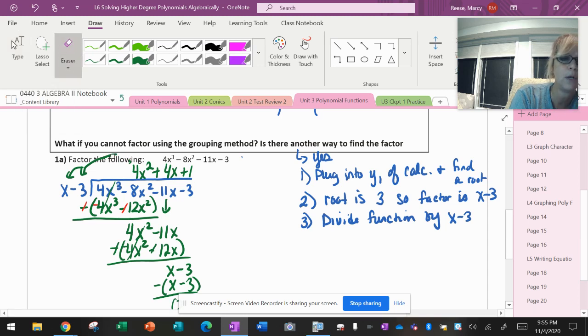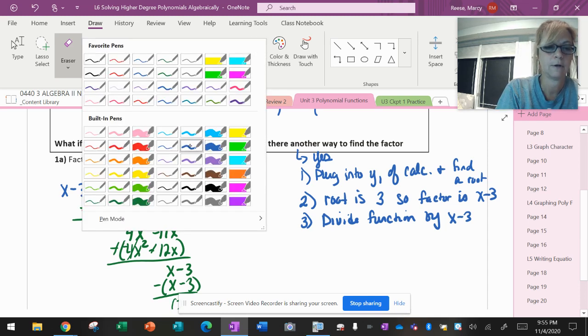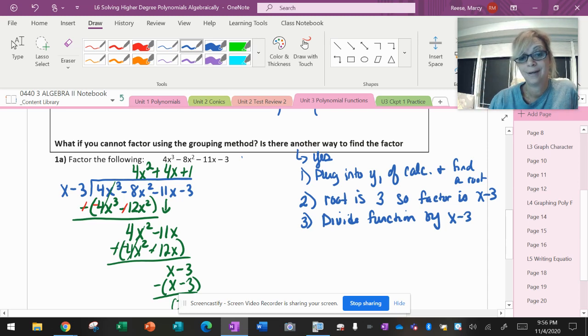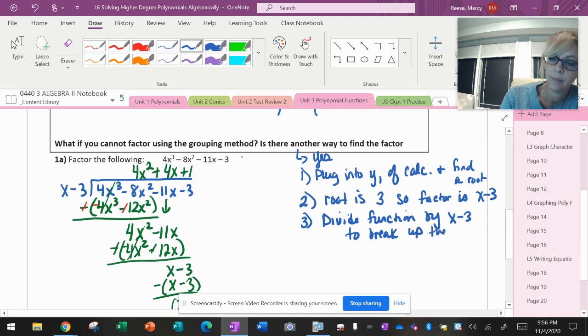So my point is, I can't factor the original problem. So what I have to do is get creative and try to find a root on your calculator and then break that function down. So I'm going to divide the function by x minus 3 to break up the polynomial.